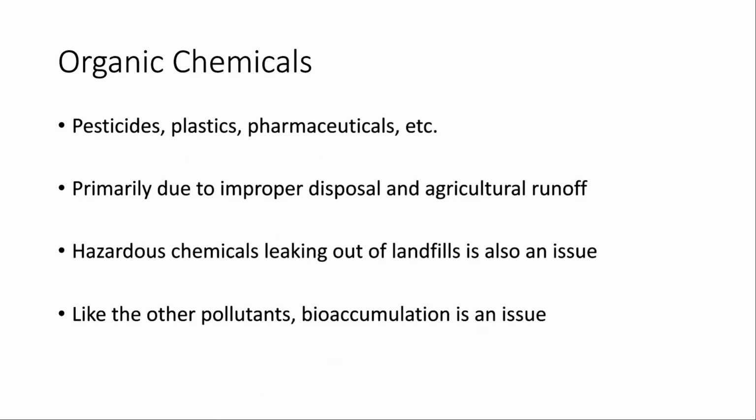And then with the organic chemicals, again, we talked about these when we were looking at the atmosphere. These come from pesticides, a huge source of these types of chemicals, plastics as well. Pharmaceuticals. These pharmaceuticals can actually make their way into the water supply because people take whatever those medicines may be, and in some cases they just get excreted through their urine, get into the water, and ultimately get into the environment through the water system that way.